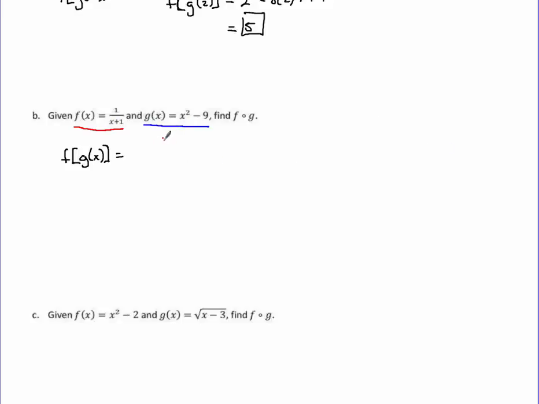We're going to do 1 over x squared minus 9 plus 1. And so what that will equal is 1 over x squared minus 9 plus 1, which is 1 over x squared minus 8. And that's all we can do.